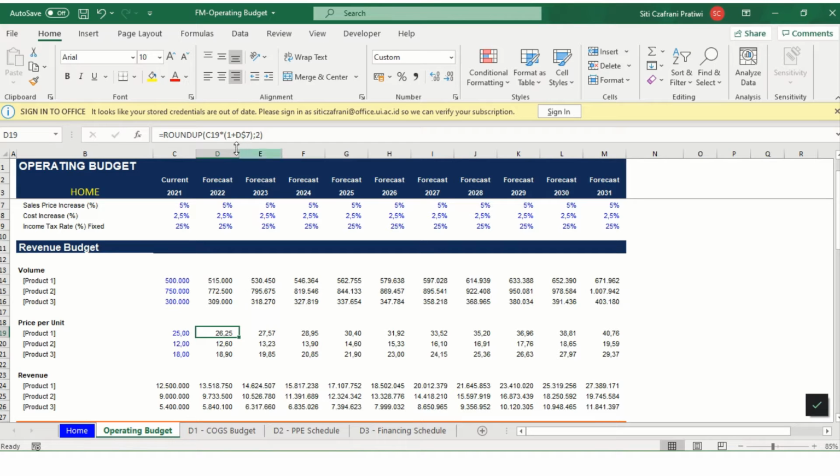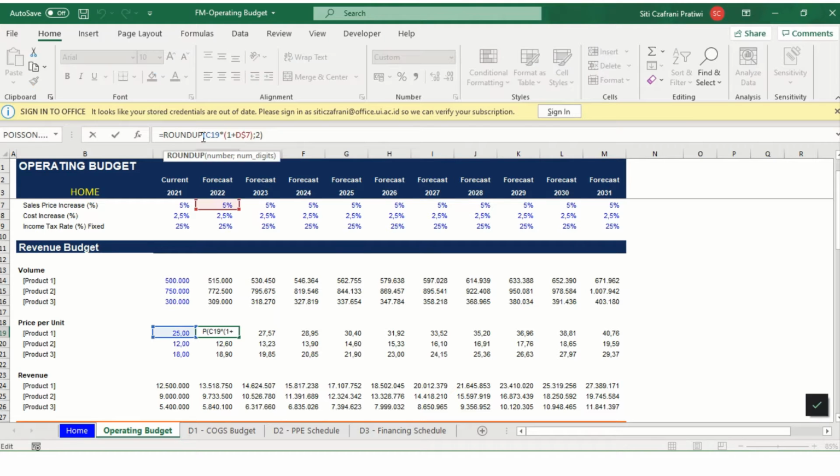However, it is up to you whether you want to use round up or not. I will use round up, and I will state that I want two digits behind the comma. This is very much up to you, you want to use round up or not.